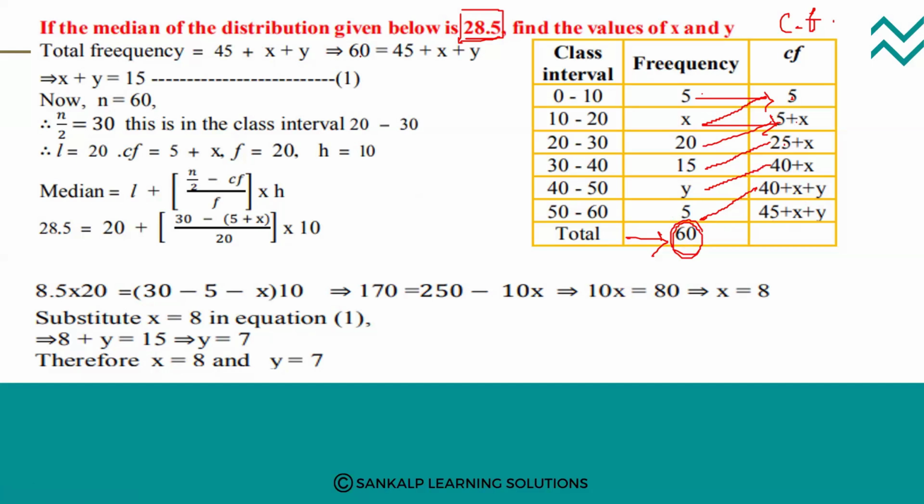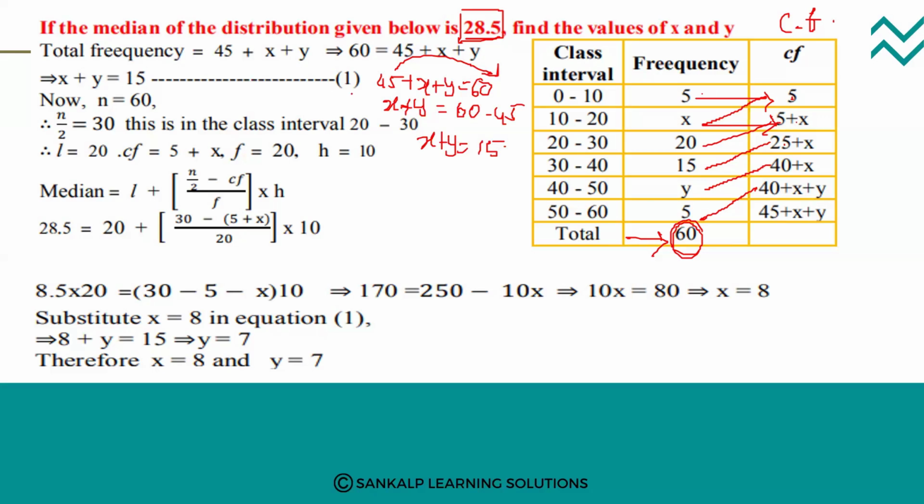So 45 plus X plus Y is equal to 60. Transfer this 45 to the other side. Then X plus Y is equal to 60 minus 45, which is 15. So X plus Y is equal to 15.